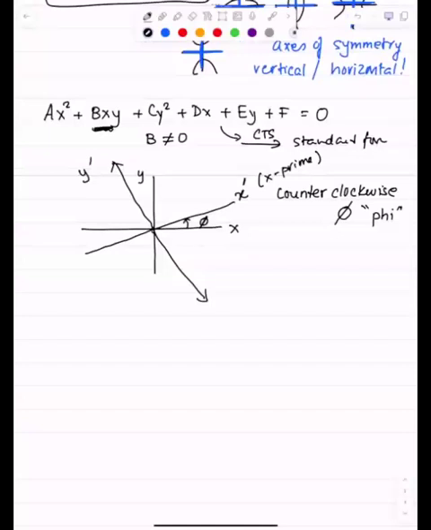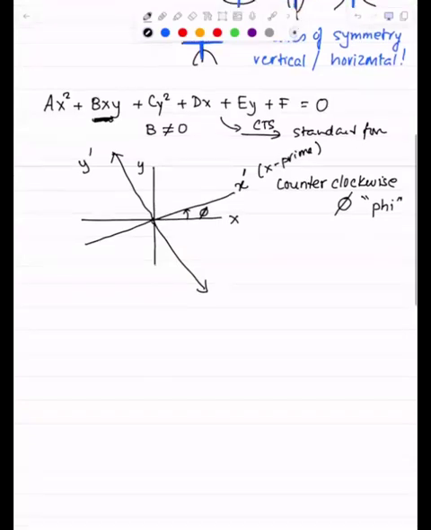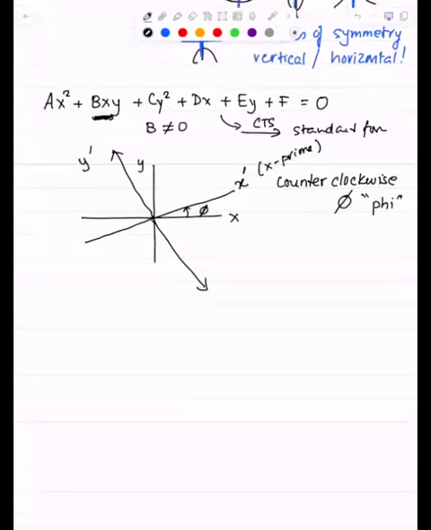When we do this, if we rotate by the correct angle, we can actually kill off this b term. So let's unpack all of this and see what's going on.